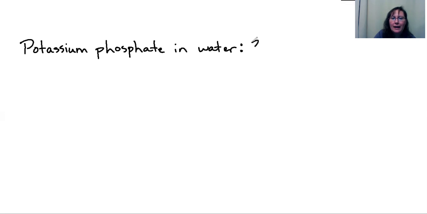What we're going to make is a 3 molar solution, and we want to know how to make that. In order to find that, let's take a look at some of our steps. Here's our step 1. In this case, it's to find our formula.